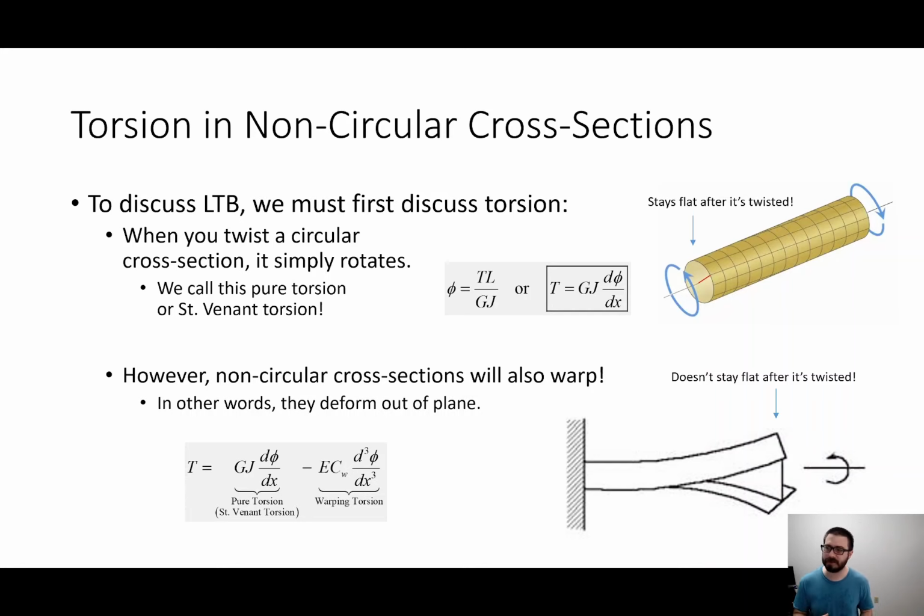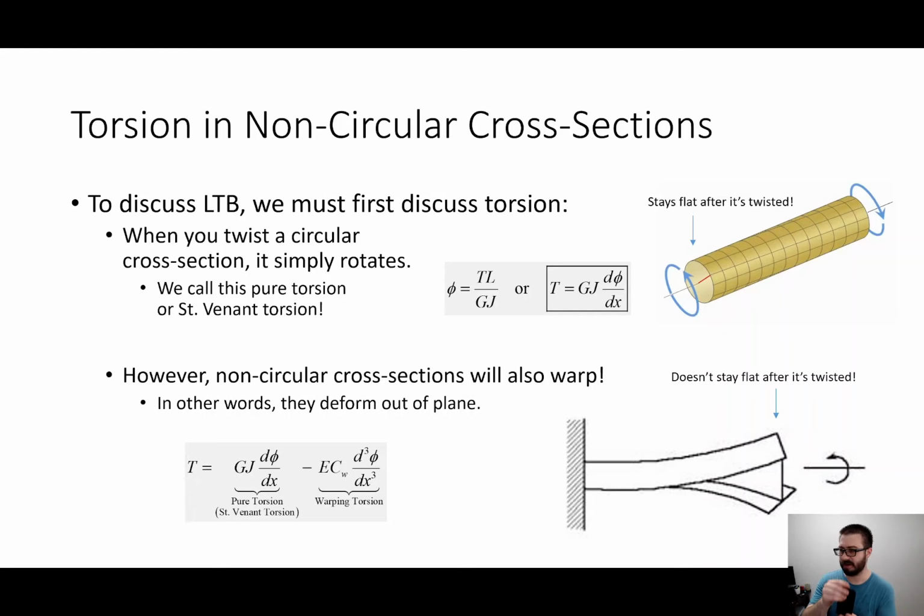Non-circular sections don't just rotate. If you take a section and twist it, it will turn, but non-circular sections do something a little different. They deform in a different way, which we call warping. Whenever you twist a circular section, it stays flat after it's twisted.